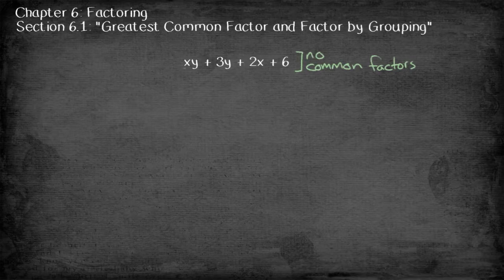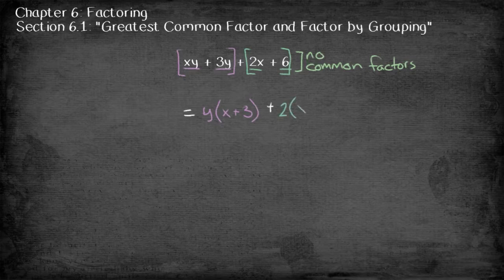For example, xy and 3y have a common factor of y. 2x and 6 have a common factor of 2. So we're going to treat those like individual expressions that we want to factor. If I factor what's in the purple brackets, I have a common factor of y, so I'd have y times x plus 3. And over there, if I factor out my 2, I would have, again, x plus 3.